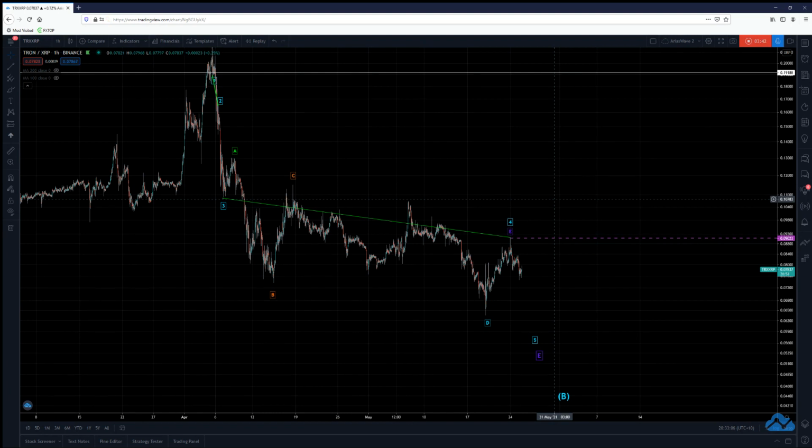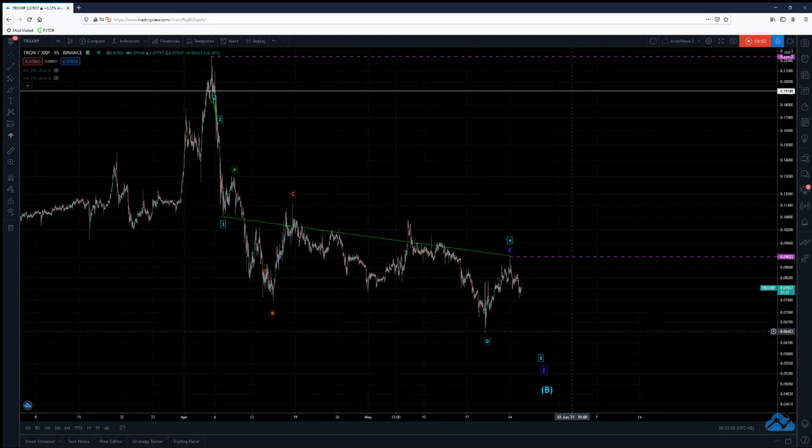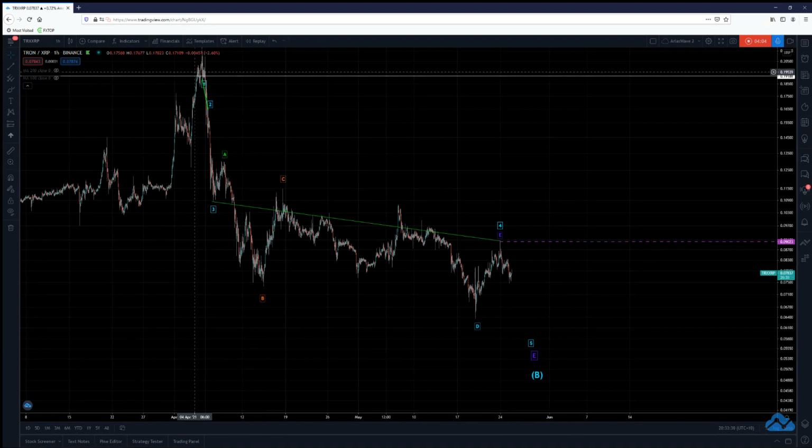Okay, let's be real. So right now I can sense that this is the end of wave 4 up here around the 23rd of May, and we are going to make one more low to complete this pattern in wave E. To me it looks like a straight 5 wave move, but with insane alternation going on.